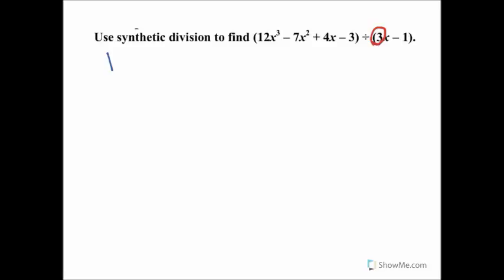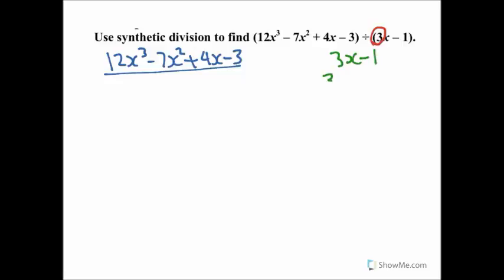So we have a 12x cubed minus 7x squared plus 4x minus 3. And where we have 3x minus 1, we'll factor out a 3. This leaves us with 3 times x minus 1/3. So we'll write that in here.